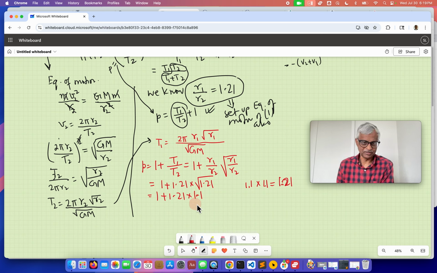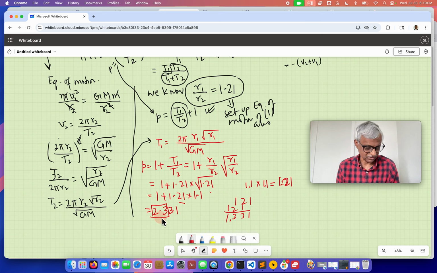And we just have to do the calculator, and the decimal will be three decimal places. So this will be 2.331. And I think they just want this as an answer.